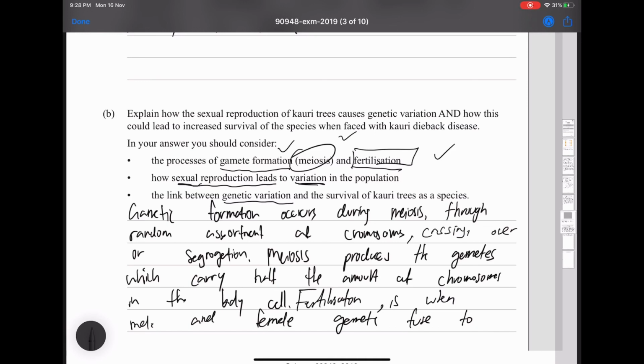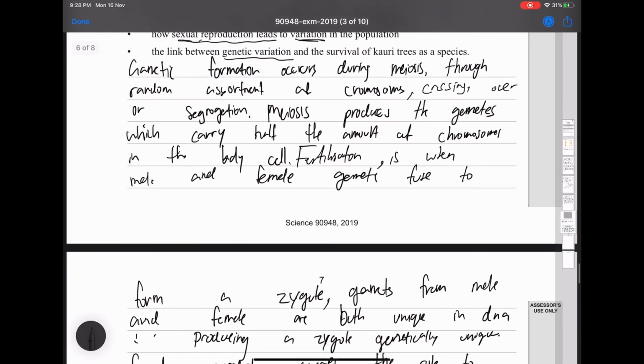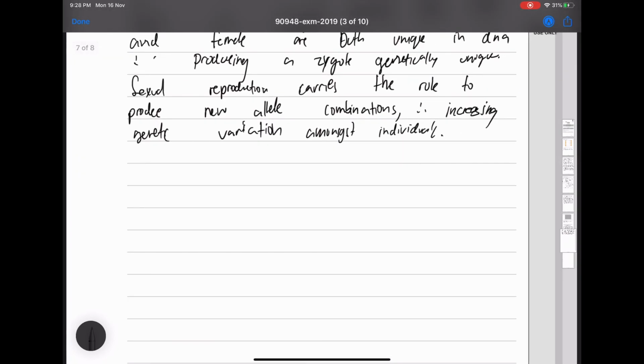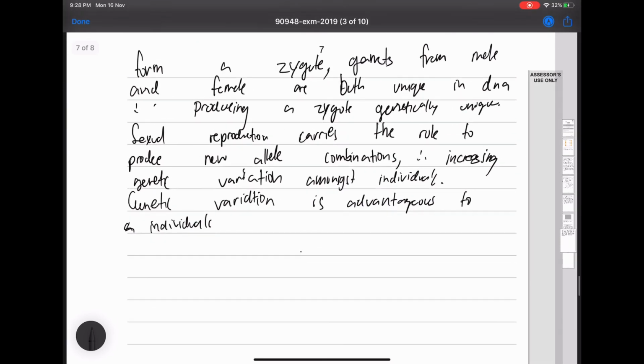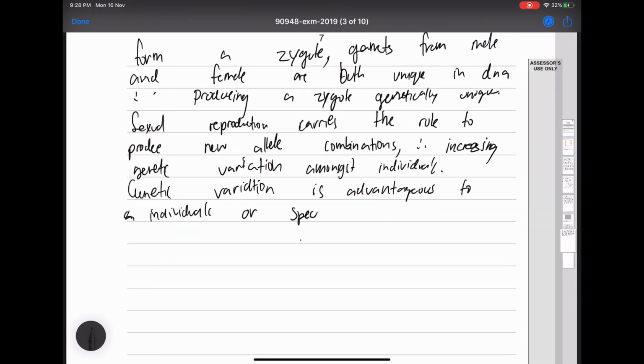Now we can talk about the link between genetic variation and the survival of the trees as a species. So we can say that genetic variation is advantageous to individuals, or in this case I think it's species, to survive.